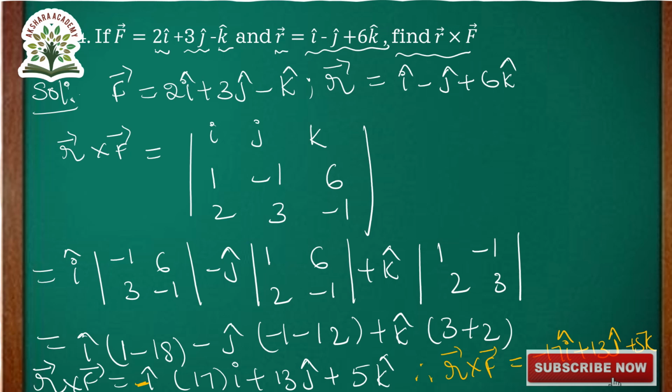So we are finding the r cross f. So r bar cross f bar is equal to minus 17i cap plus 13j cap plus 5k cap. This is the final answer. Okay. Next we will go to the fifth one.